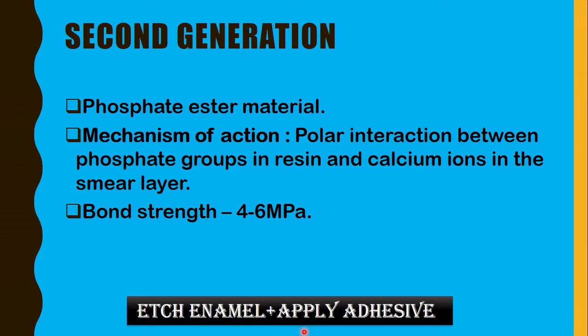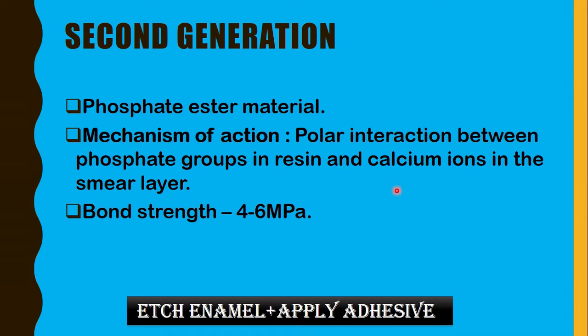In the second generation, these were developed in the late 1970s and early 1980s. These systems performed better than the first generation, although since the dentin was not etched in these systems also, much of the adhesion was only due to the bonding to the smear layer.